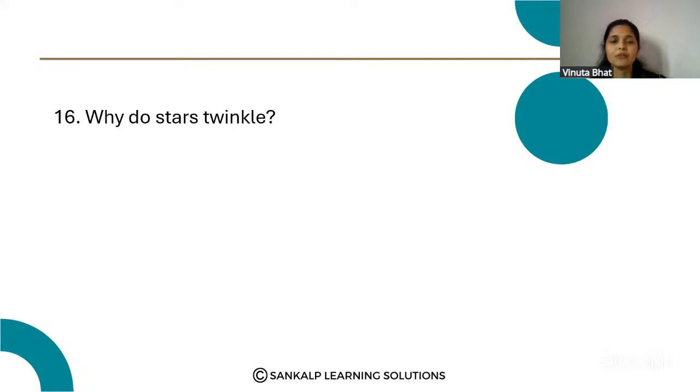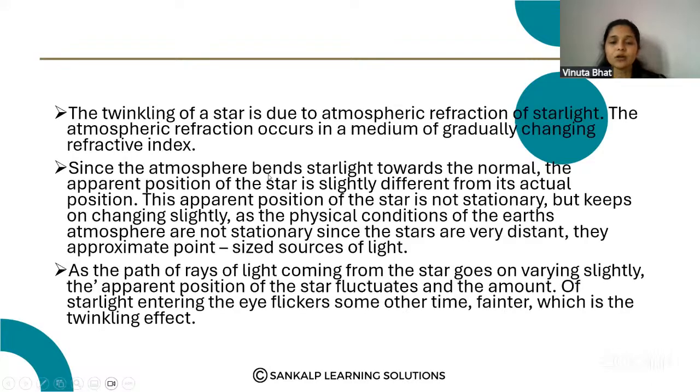Next question. Why do stars twinkle? The twinkling of stars is due to the atmospheric refraction of the starlight. The atmospheric refraction occurs in a medium of gradually changing refractive index. Okay, so that is the twinkling of stars, that is because of the atmospheric refraction.